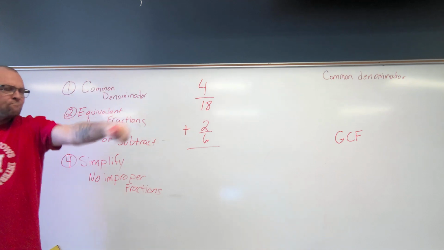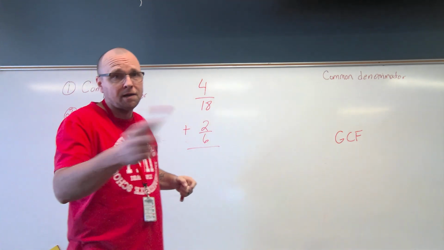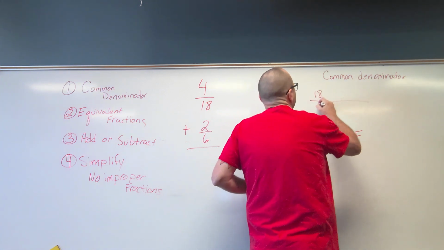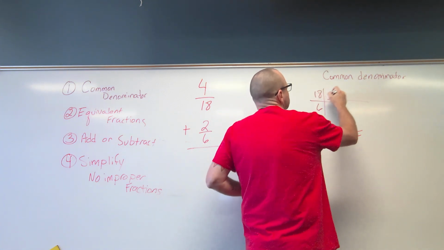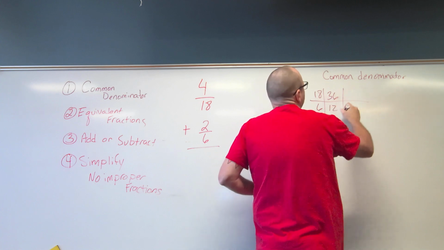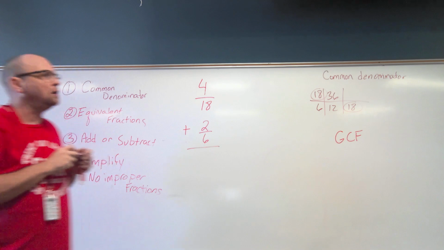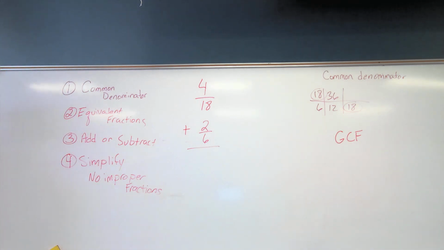What is it? 18. But if Joe didn't know, he would take his 18 and his 6, these two denominators, and he would multiply them out till he found the first number they have in common, also known as the least common denominator. Is there ever a most common denominator?